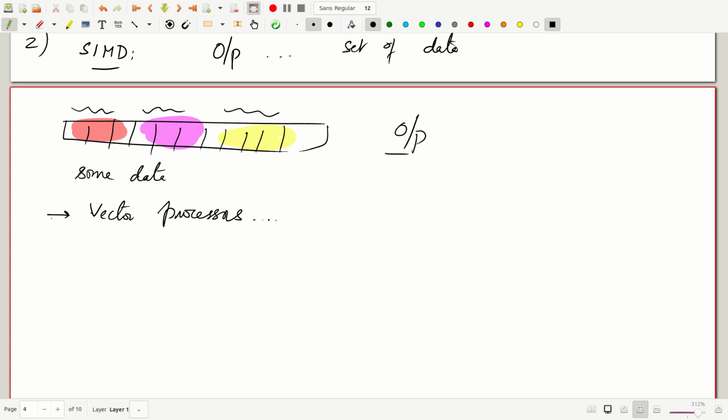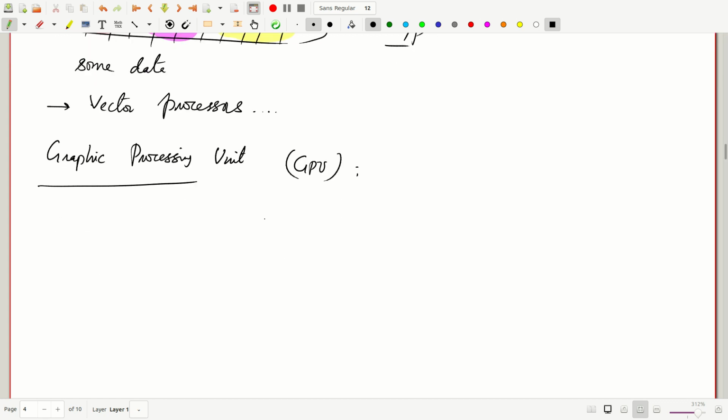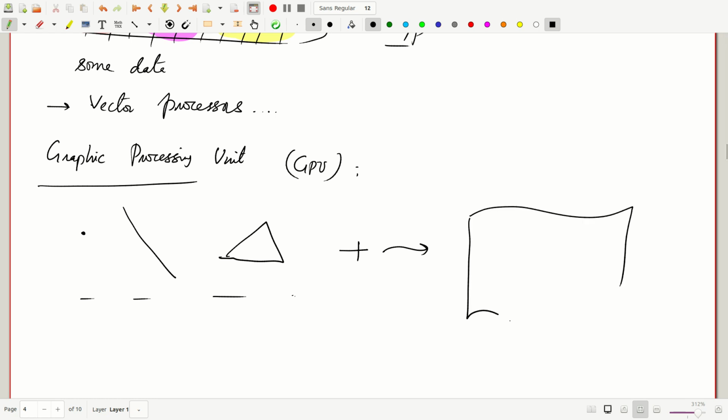Okay, so if you consider a graphic processing unit, or GPU, essentially you have several graphic elements. For example, you have a point, a line, a triangle, or a quadrilateral, all these things which you have to somehow represent, and then eventually draw on a computer monitor using some pixels.